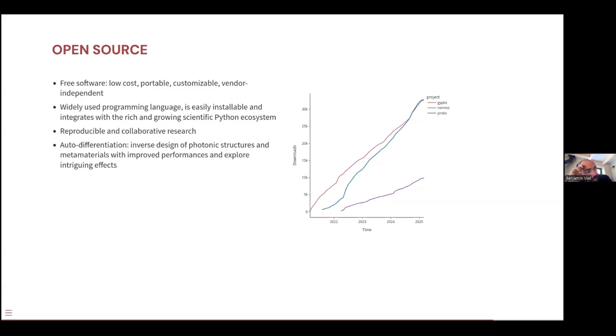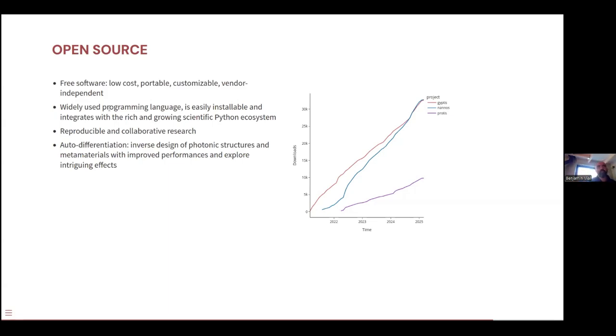I chose Python as it has a widely used package manager to easily install everything, and it also fits in the larger picture of the very vast and rich scientific Python ecosystem. Hopefully, it's going to enable reproducible and collaborative research, and most importantly, I thought of auto differentiation tools.